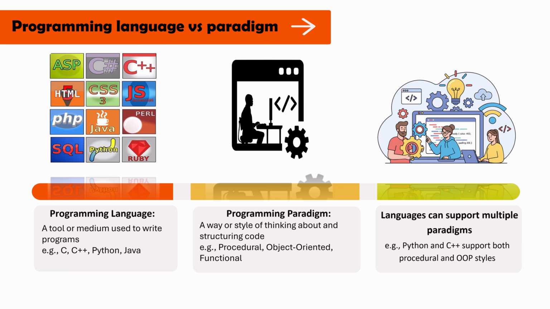So when we say OOP in Python or OOP in C++, we are really saying that we are using the object-oriented programming paradigm through those languages. So in summary, the language is a tool and the paradigm is an approach. You can think of it like the language is your instrument and the paradigm is your style of playing.